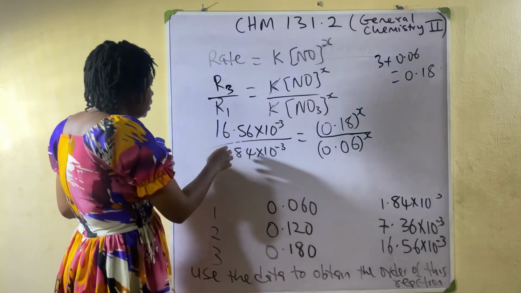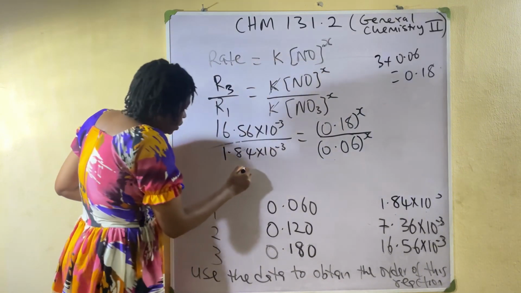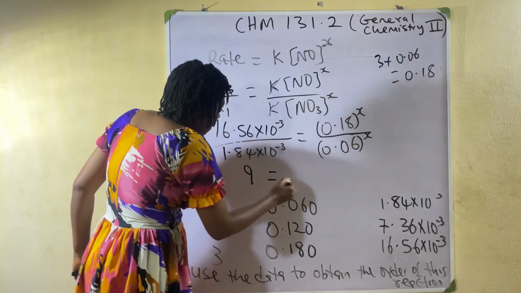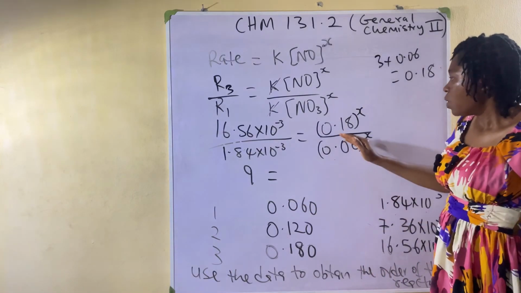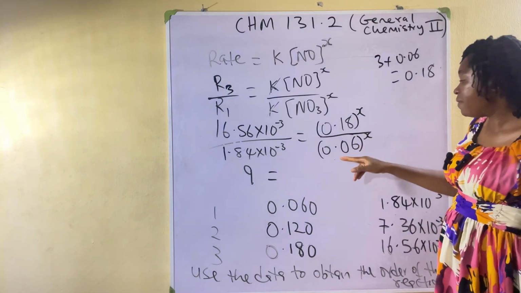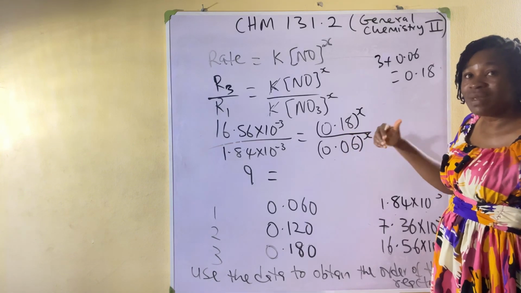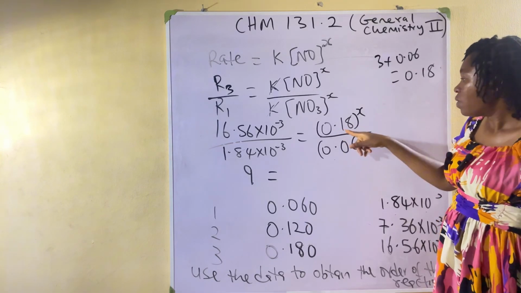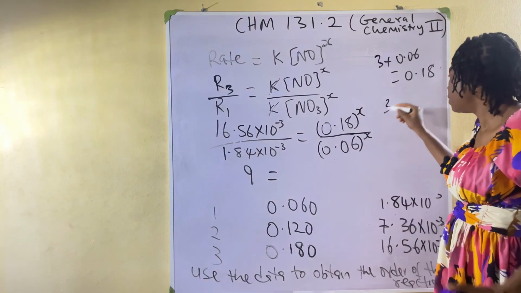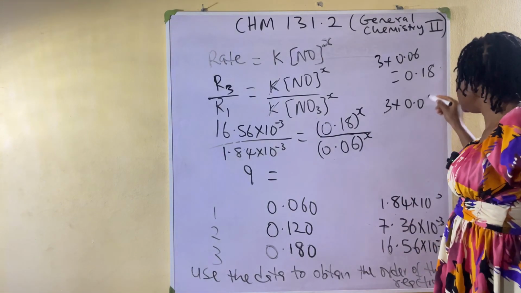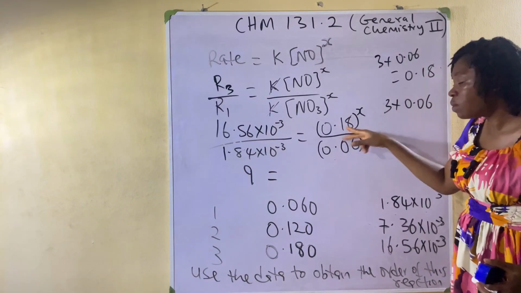When you divide 16.56 by 1.84, we have 9. Now, which number will I use to multiply? If I divide 0.18 by 0.06, it gives me 3. So instead of putting 0.18, I will put 3 times 0.06.